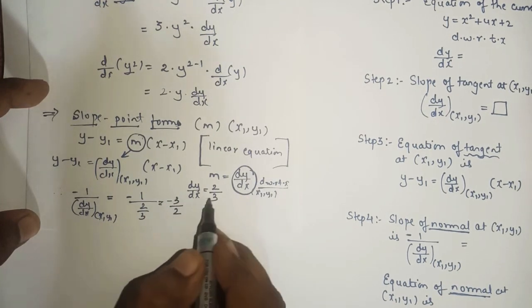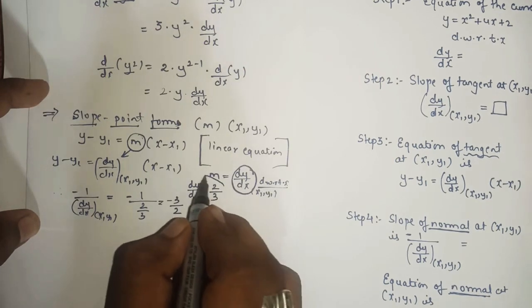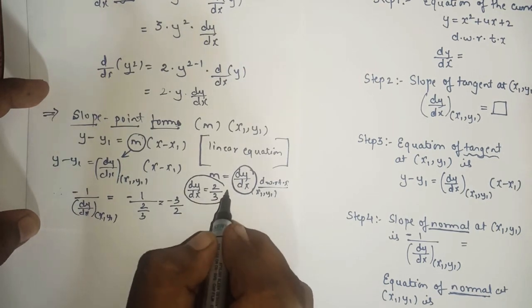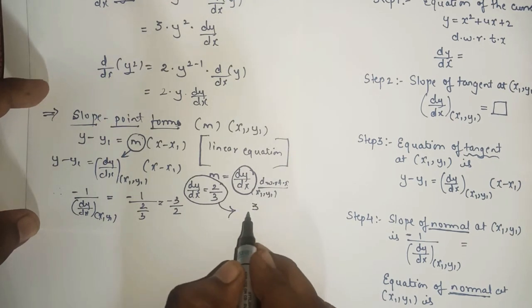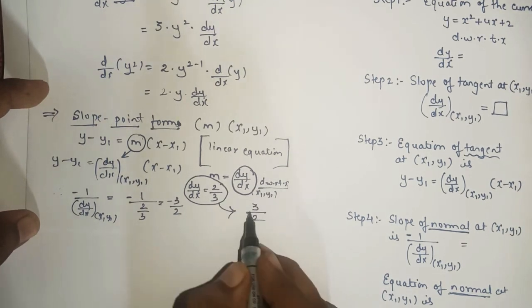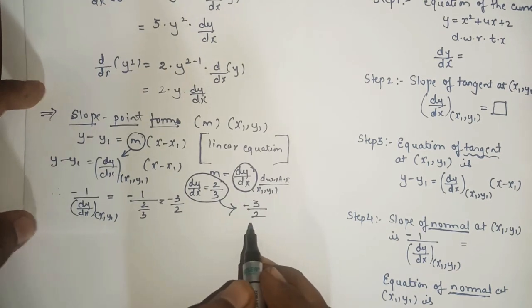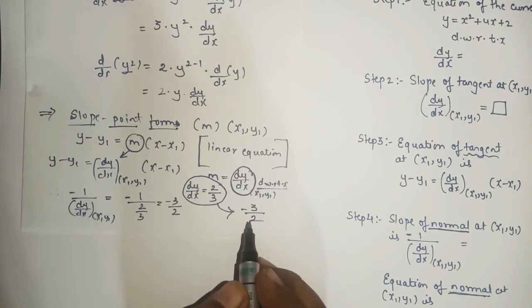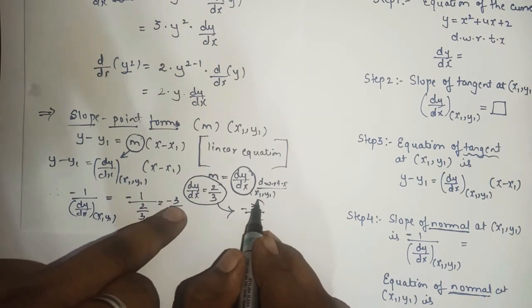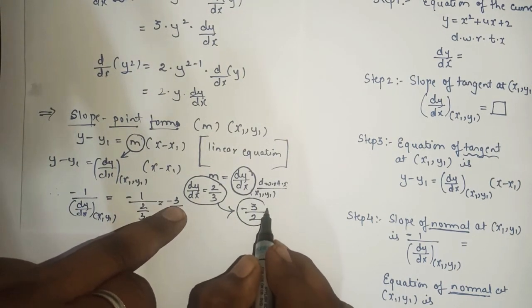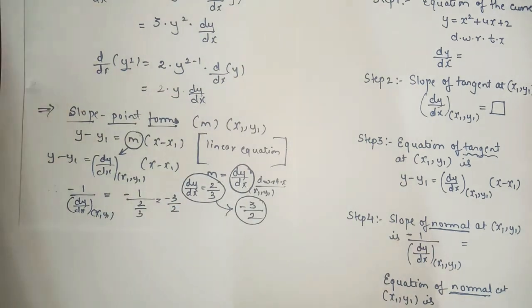That is what I explained. Whatever the value of dy by dx we are getting here, you will reverse this value with the opposite symbol, and this slope is known as the slope for normal.